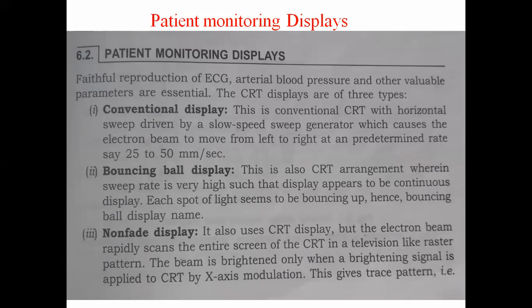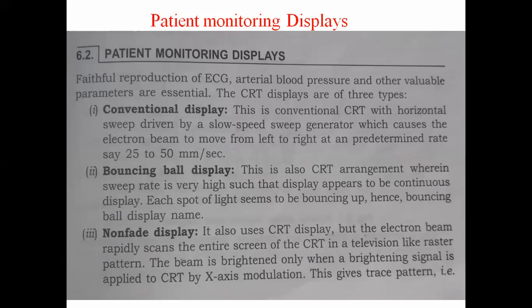Then there is a horizontal section. In the horizontal deflection system, the signals are generated on the x-axis with respect to the time-base generator. The time-base generator generates trigger pulses, and those trigger pulses make the sweep generator generate the sweep voltage.